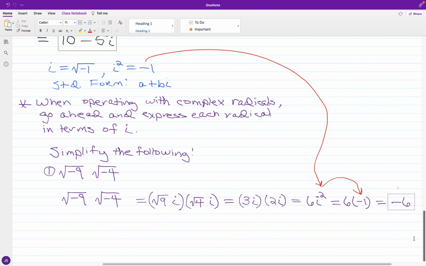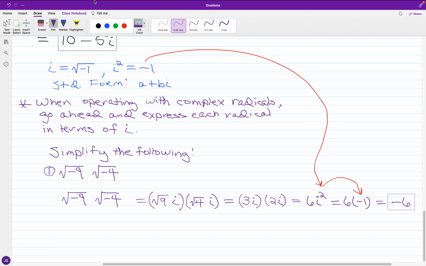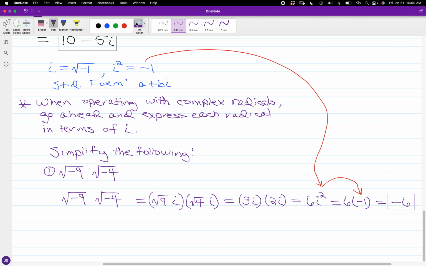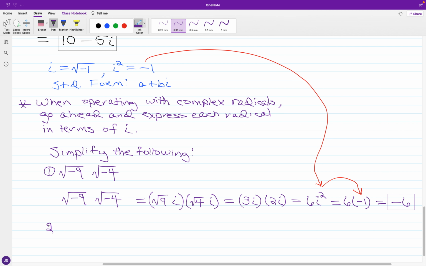Let's say you have a radical that is not the opposite sign of a perfect square value, and we'll say we have the square root of -20 times the square root of -5.